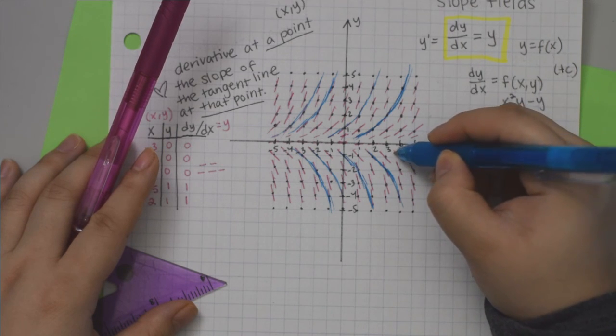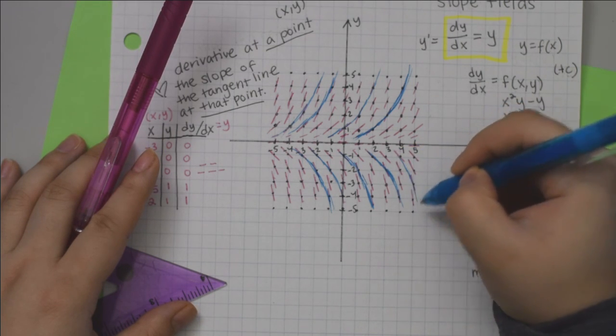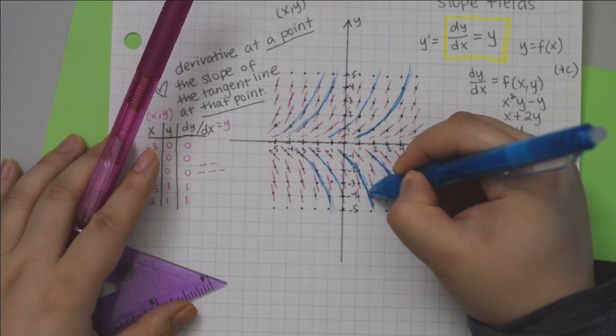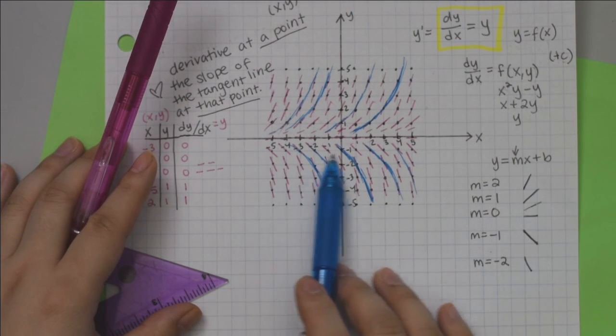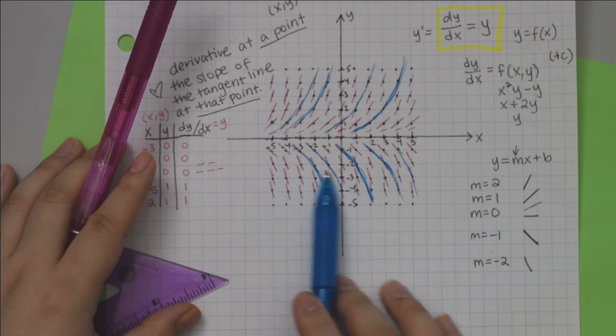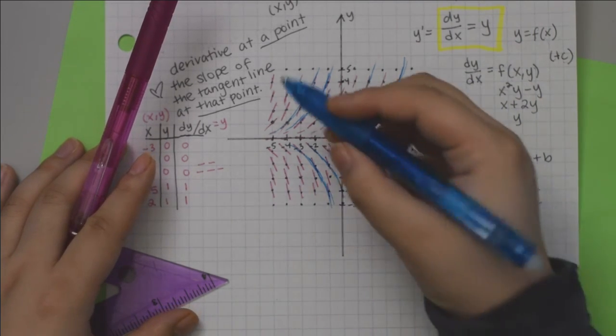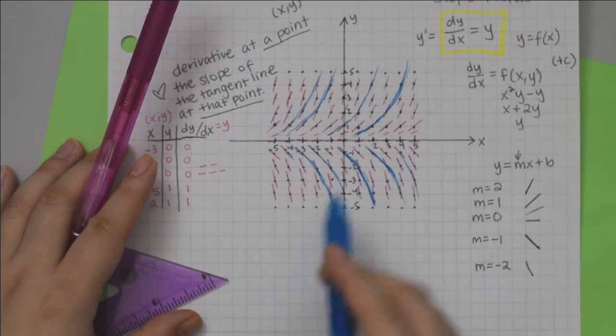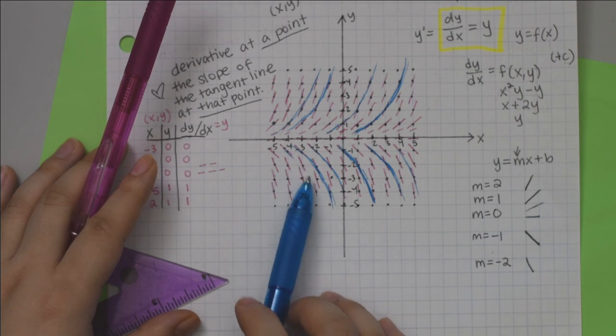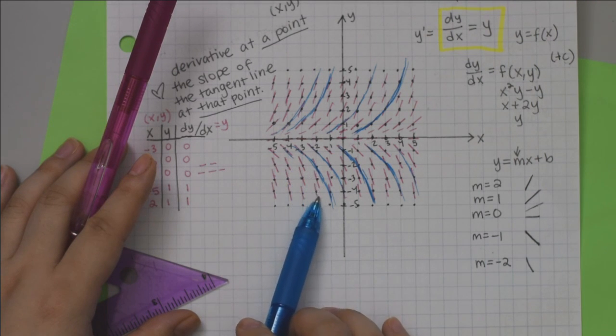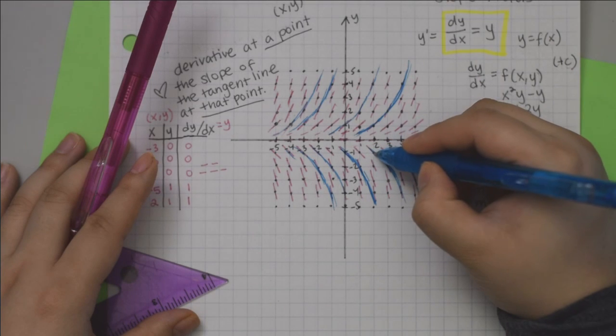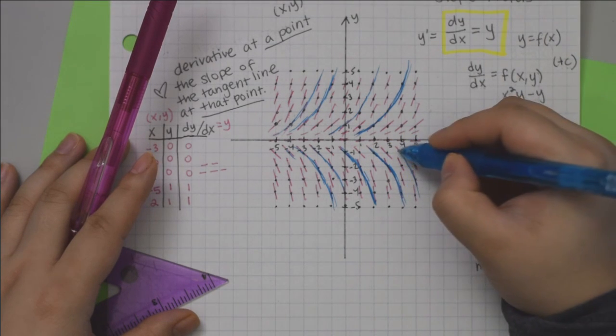But you can extrapolate for this one because all of the y values are the same all the way across, so all the slopes are going to be the same, so it's okay if you're not connecting the dots from this to this to this. You're just following it as needed, so it smooths out.